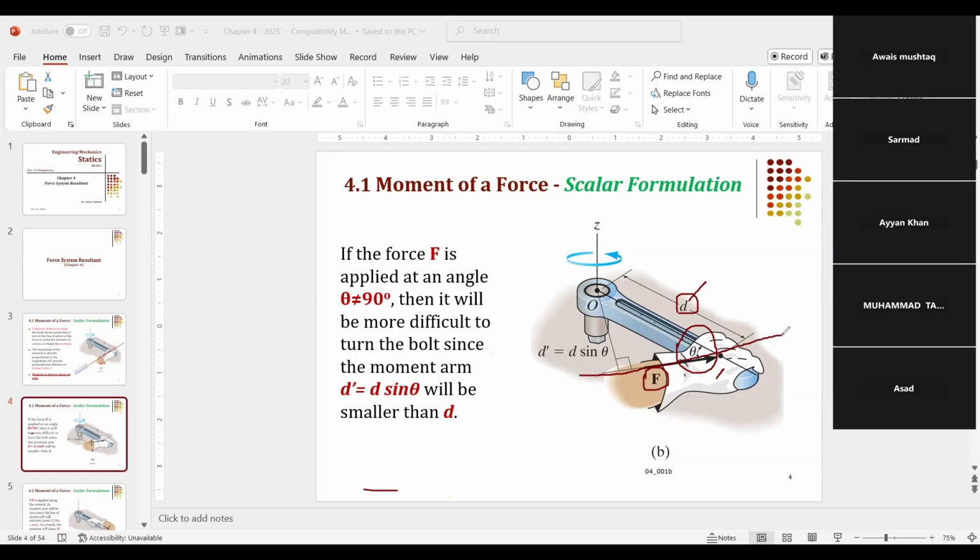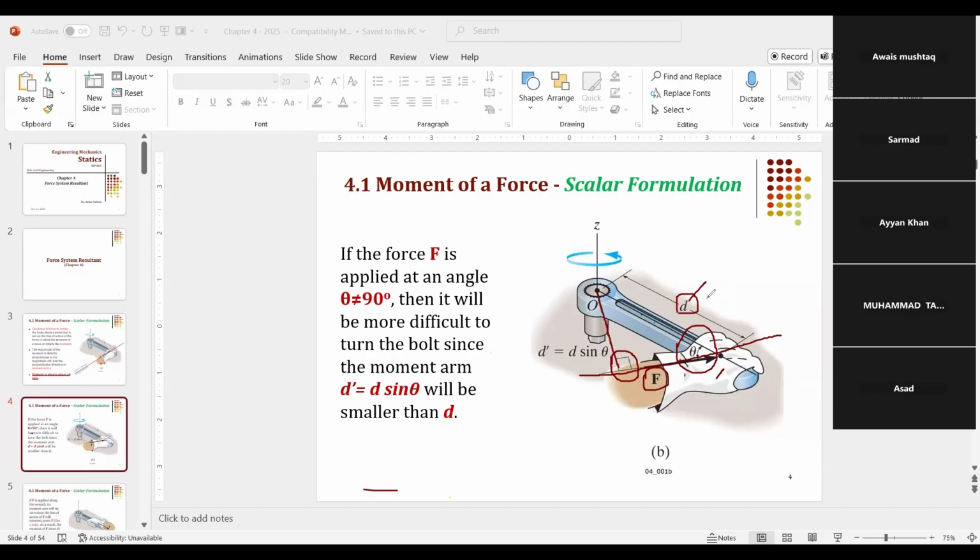It means now we have to multiply F with some other distance that must be perpendicular to the line of action. And this distance right here is the perpendicular distance.